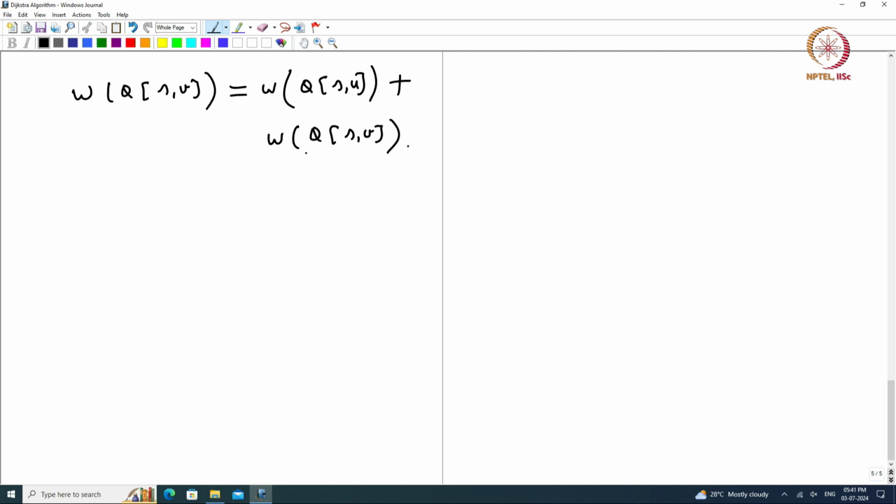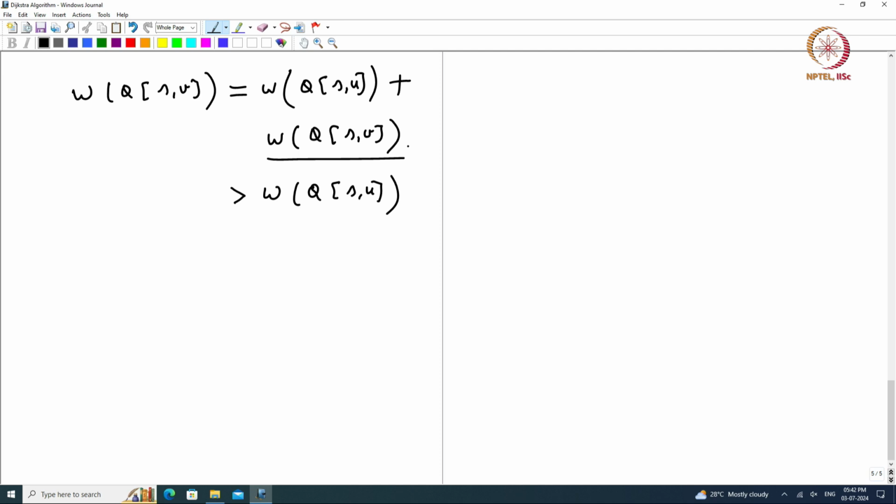This part, any path will have positive weight because all edge weights are positive. Therefore, this will be strictly greater than weight of Q from S to U. Because I am dropping a positive term, I have cut off this part, so this part will have a smaller weight than the whole.